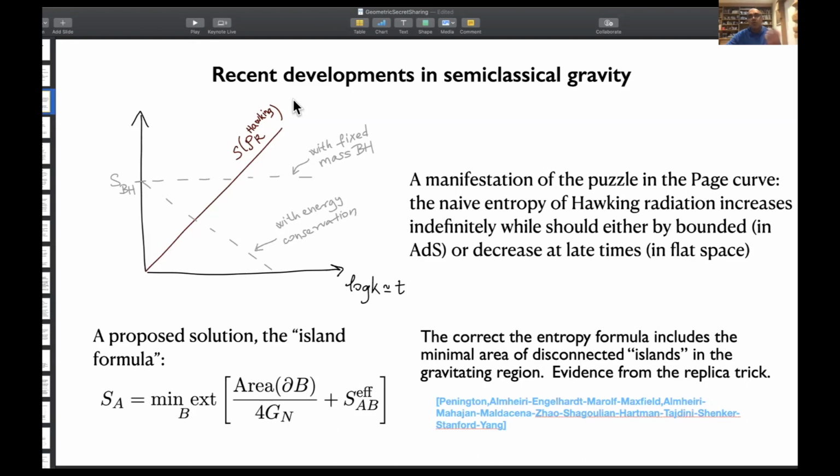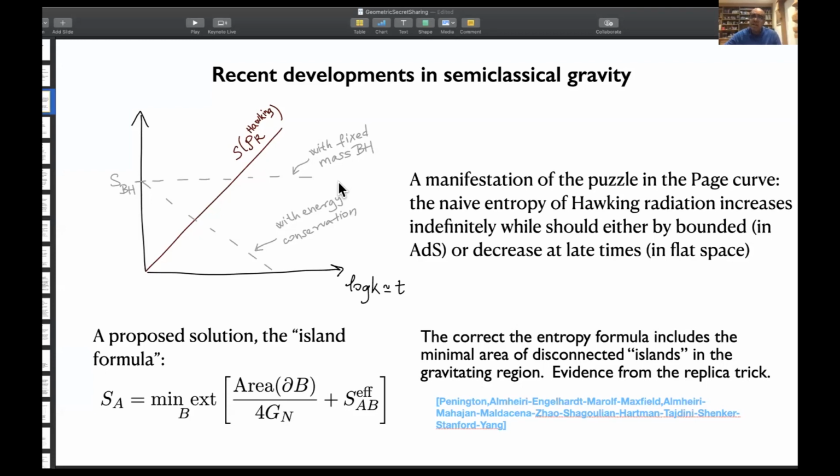But you know that if the system is actually unitary, then at late times, for a flat space black hole, after the black hole has evaporated, there's nothing left inside. So there's nothing for the Hawking radiation to be entangled with. So somehow its entanglement entropy should go to 0. And likewise, if the radiation has come into equilibrium with a fixed mass AdS black hole, then the entropy of the Hawking radiation should flatten off. So we know these things. So that's a large effect.